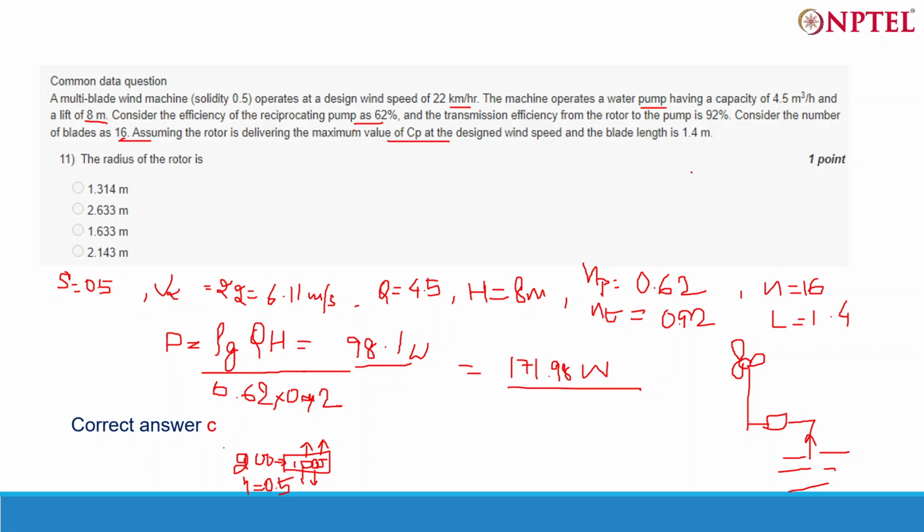To provide this much energy, we have assumed the rotor is delivering maximum CP value. There was a curve in the lecture slides, with respect to solidity. Let me show you.